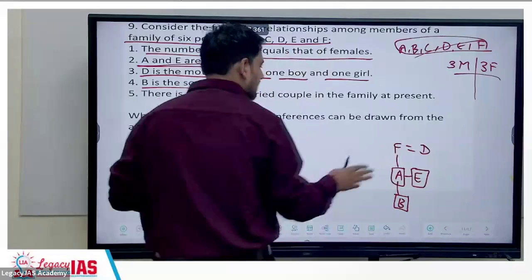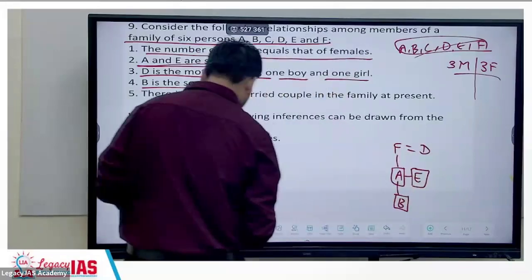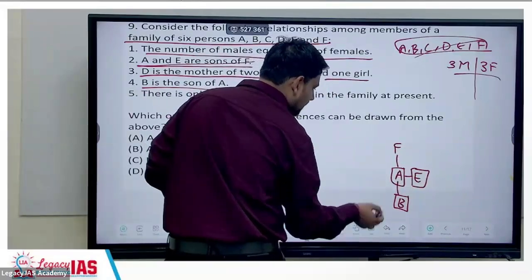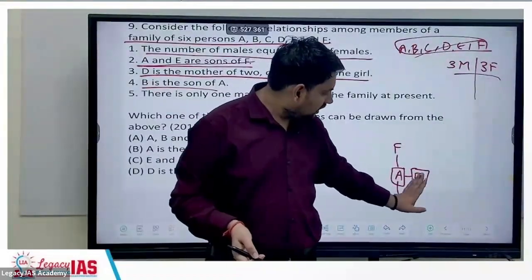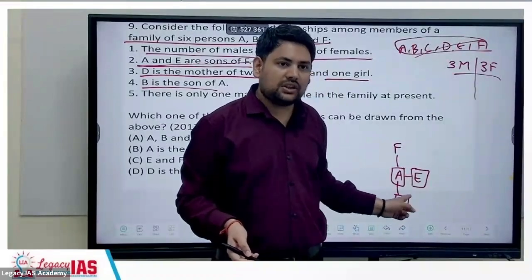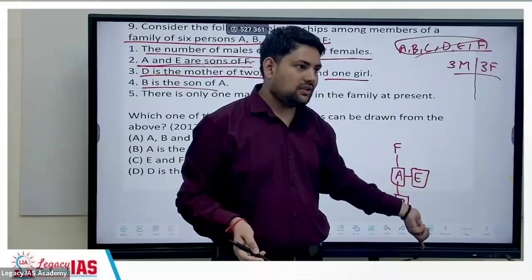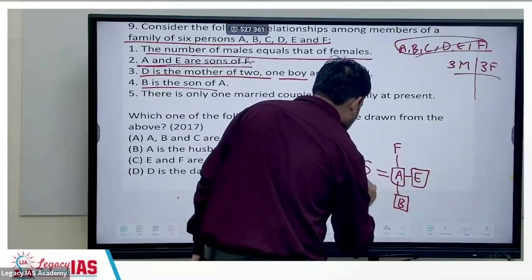So if we try to give it here, she will have two sons. That is not what we want. That's why this can't be here. Now, if I take D as spouse of E, then she will not have any children, and then I'll have to introduce two more people. So that also is not possible. So the only place where she can be added is this.